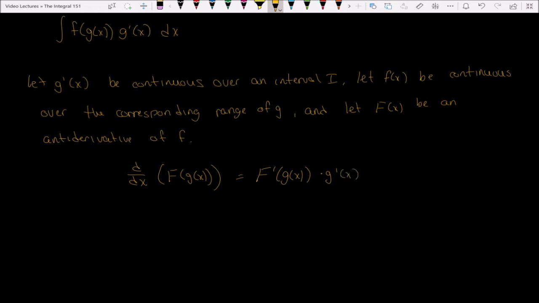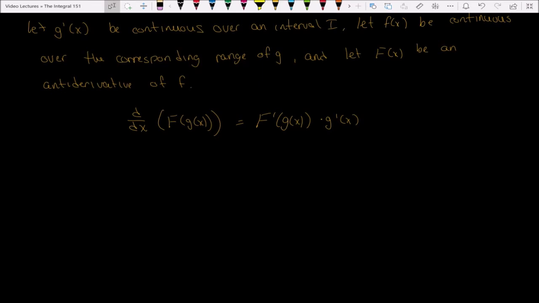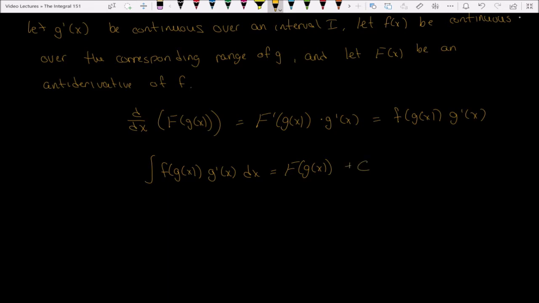Notice that what this means is that this is little f of g of x times g prime of x, right? This means that the antiderivative of f of g of x times g prime of x is big F of g of x plus an arbitrary constant of integration.